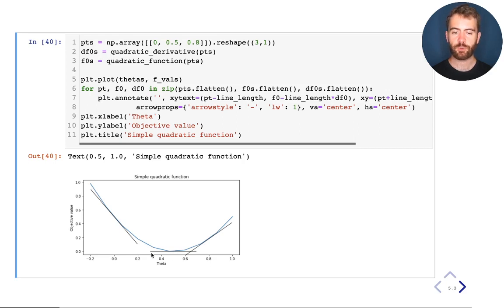This can be seen intuitively as the slope of the tangent, or the rate of change of the function, being 0 at the minimum of the function. This is an important fact about the minimum of functions: the derivative of a function at its minimum equals 0.